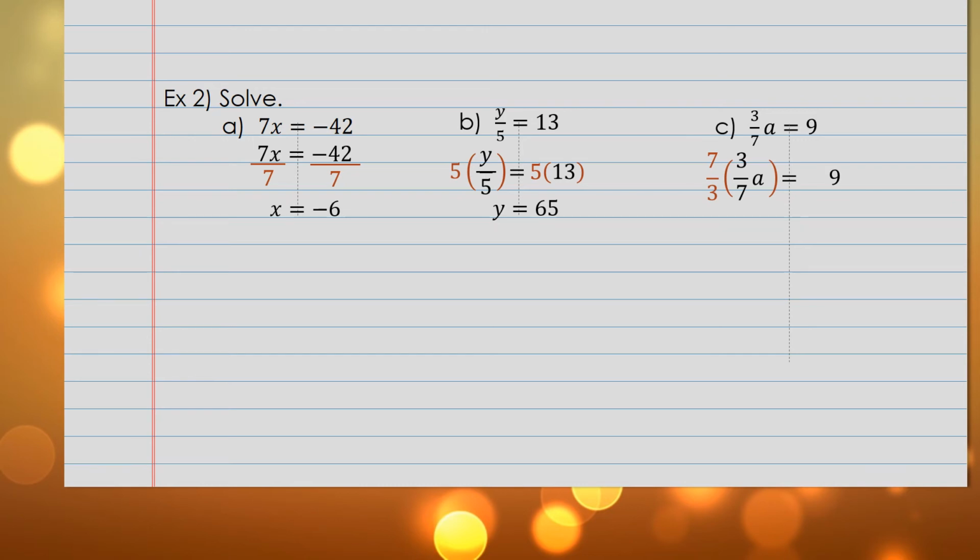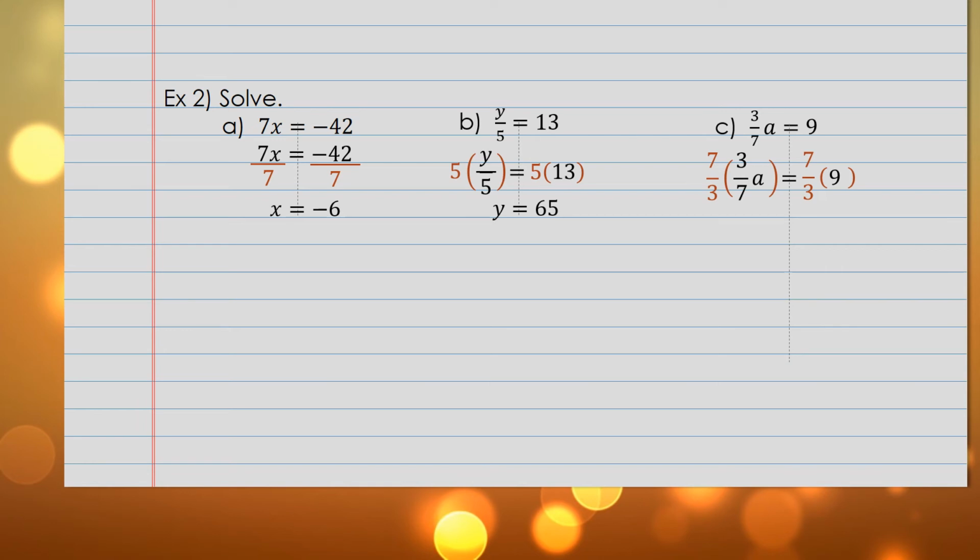That's okay if I multiply the left side by 7/3, as long as I also multiply the right side of the equation. Now on the left side, notice I have a 3 in the numerator and a 3 in the denominator. That means the 3's reduce. I also have a 7 in the numerator and a 7 in the denominator. Those reduce, leaving me with a.